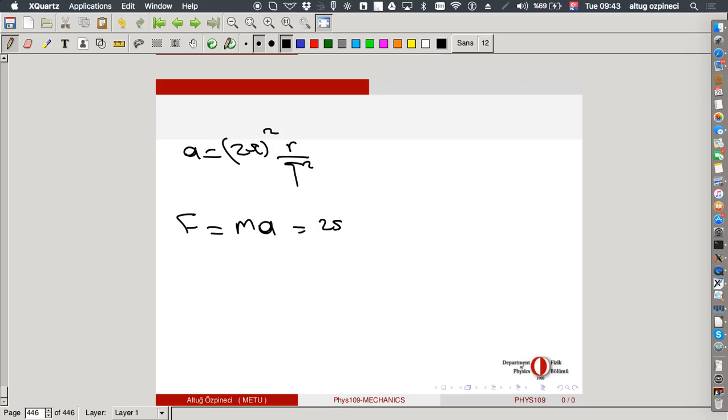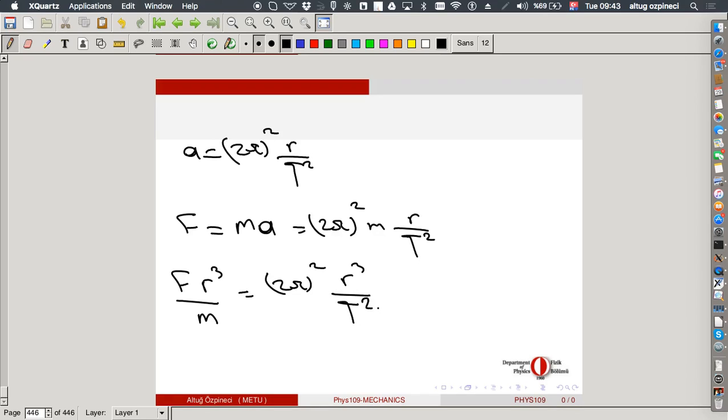So this is 4 pi squared m r over T squared. Now let's just multiply it with r squared and divide by m. This is 4 pi squared r cubed over T squared.